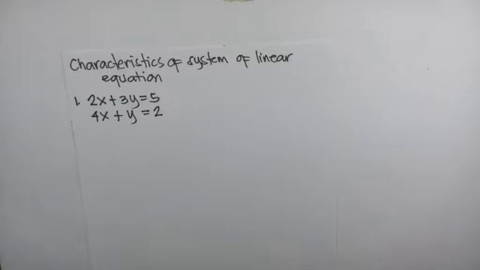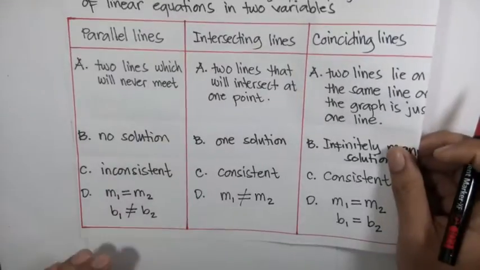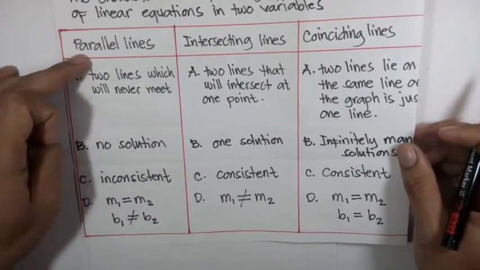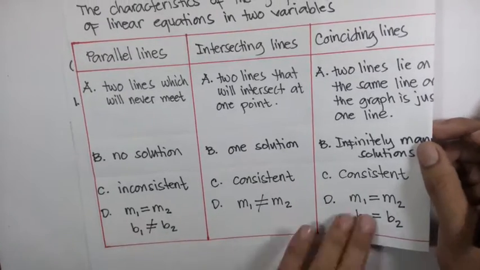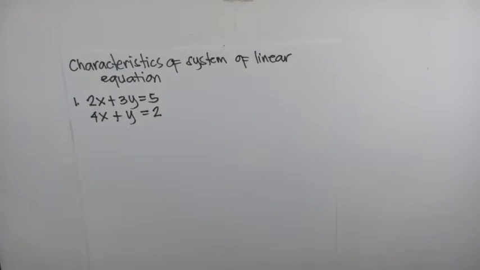What we are going to do is use the idea of the slope-intercept form, because earlier we identified parallel lines by comparing the slopes. Let's compare the slopes to identify whether the graph has parallel lines, intersecting lines, or coinciding lines. So let's transform this into slope-intercept form.